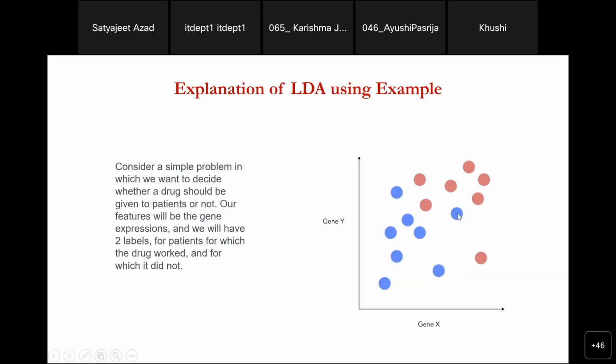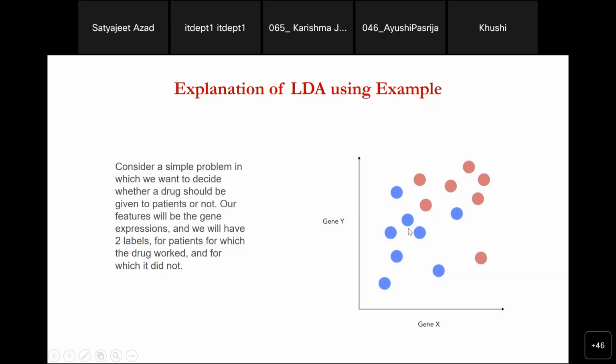There will be much overlapping even in this kind of LDA projection. If I project a line like this, I think I will be able to capture the variance in a better way.